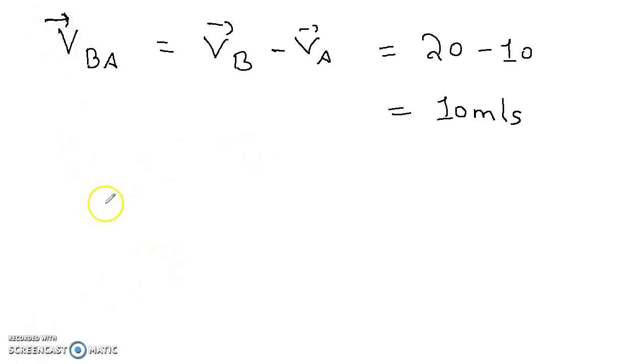From the frame of A, it would look like B is going with a velocity of 10 meter per second. If you sit on B, it would look like A is going backwards, and if you're in the frame of A, it would look like B is going forward.